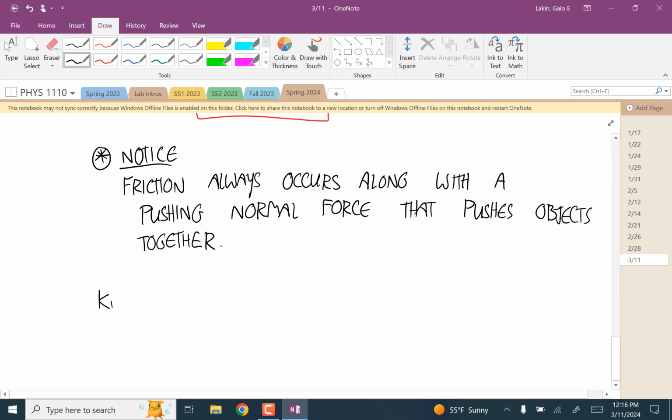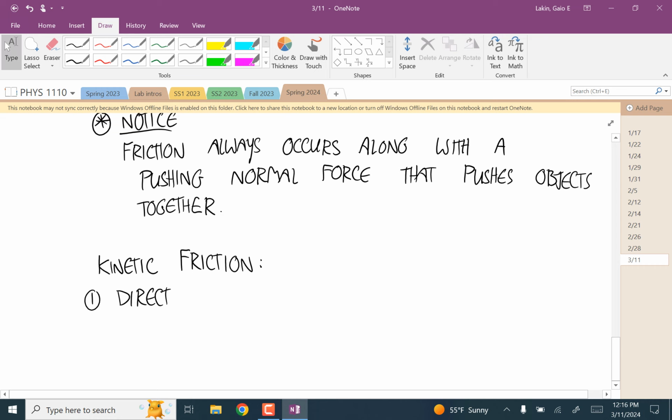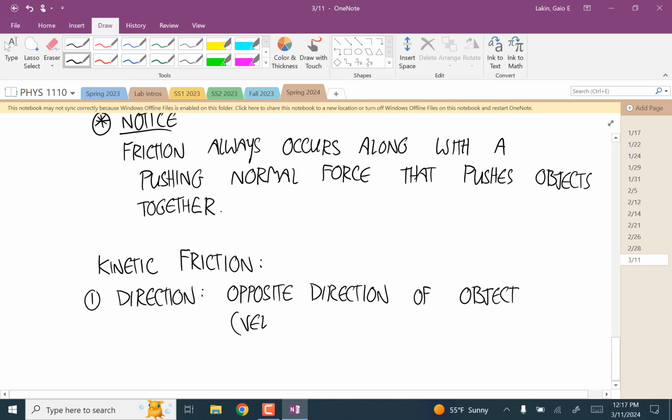Okay, so for kinetic friction, what do we know about it? The direction is always exactly opposite the direction of the velocity of the object. So you can think of that as the velocity vector. It's opposite the velocity vector.